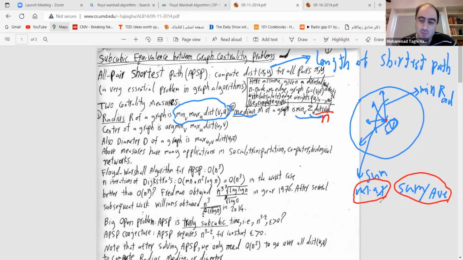The approach that works for sum and average does not necessarily work for max, and vice versa. These two often need different techniques to get a nice result. They seem very similar, but the techniques and results are often different. For example, for one problem we may have a 2-approximation, while the other might have a 3-approximation using a different approach, or vice versa.